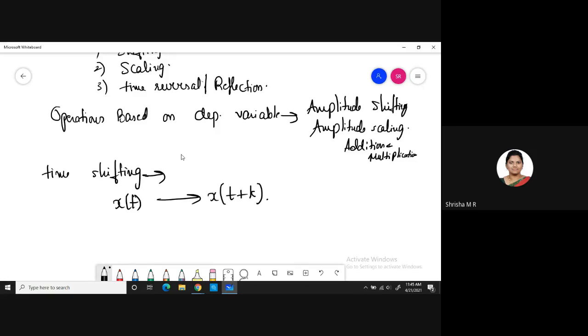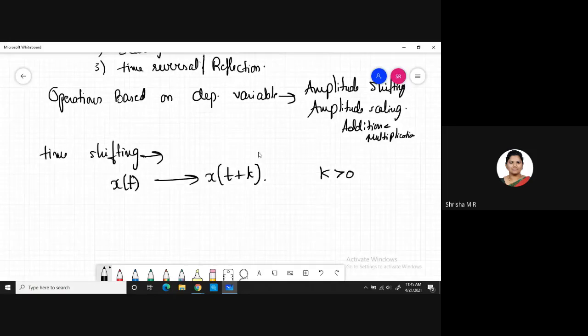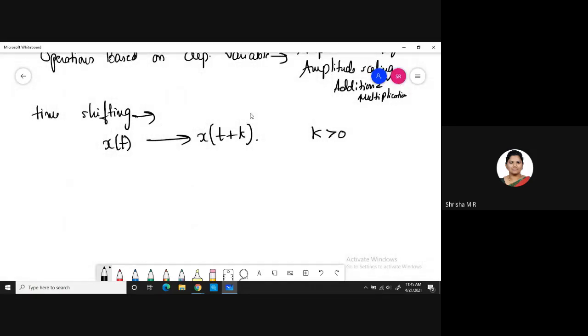Here k might be positive or negative. So x of t is some signal which exists from 0 to 2 with amplitude 2. So I time shift by 2.